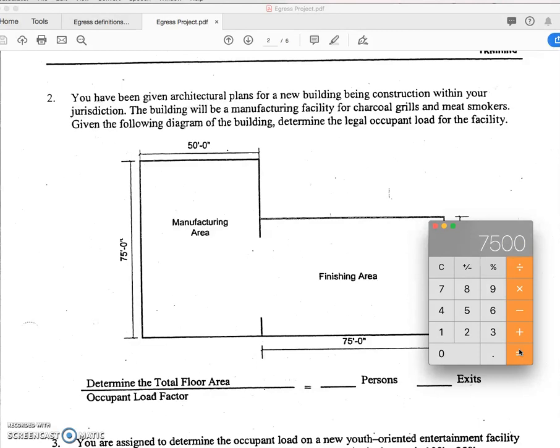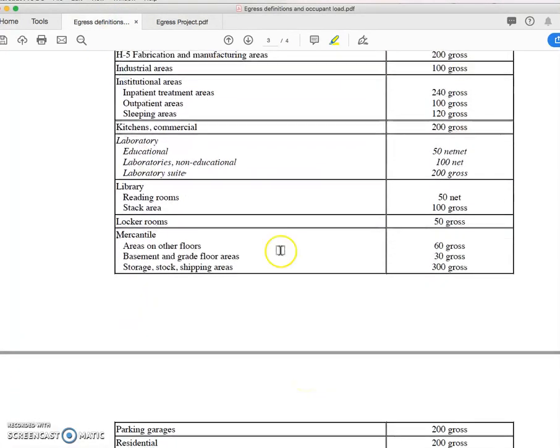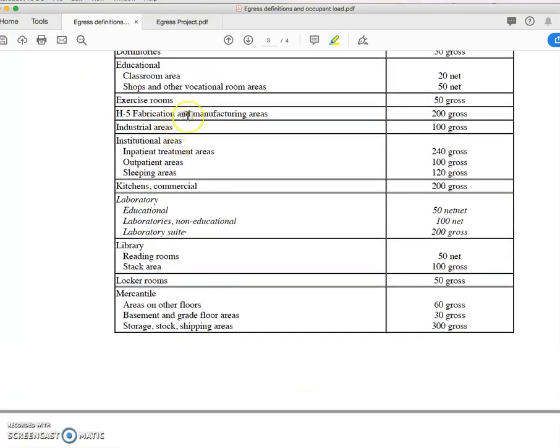This is an industrial building being made for manufacturing. Now, that word threw a lot of you off. So let me go back over to egress definitions. And a lot of you went to, oh, here's the word manufacturing, fabrication and manufacturing. But notice it says H5.